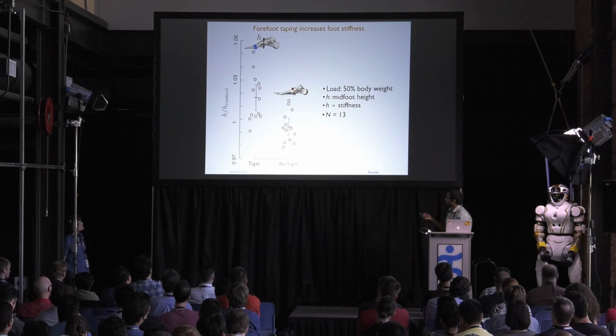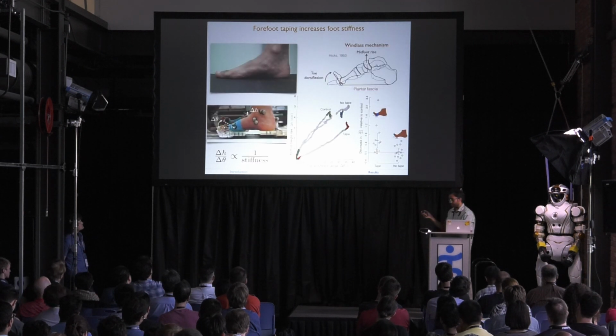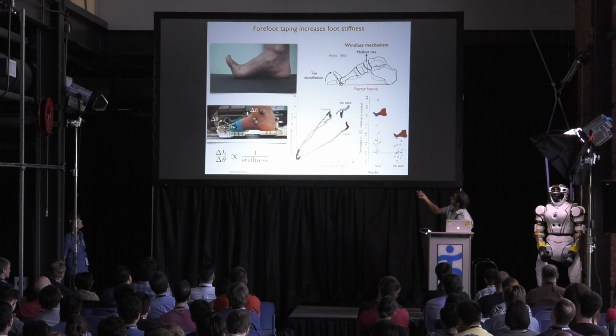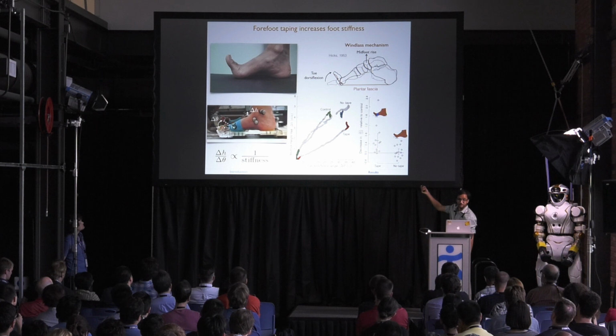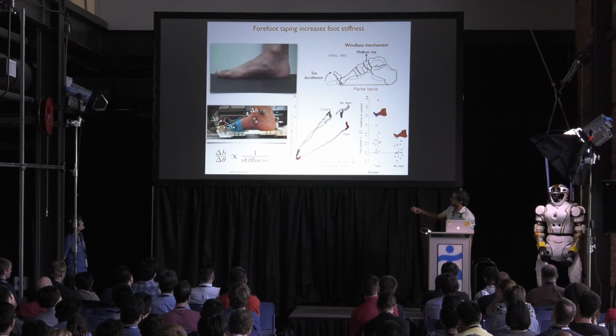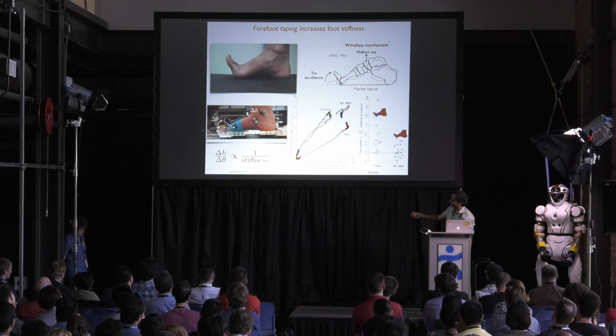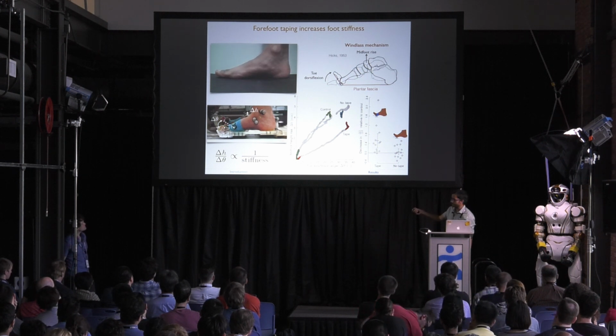And so I measure stiffness using a more perturbative method that relies on the so-called windlass mechanism of the foot. Every time you dorsiflex your toe, you pull on this tissue called the plantar fascia, compress the longitudinal arch and cause the midfoot to rise. Now for a given amount of toe dorsiflexion, this rise is inversely proportional to how stiff your foot is. And so in my subjects, I also additionally externally dorsiflex their toes and measure the amount of height rise in their arch.